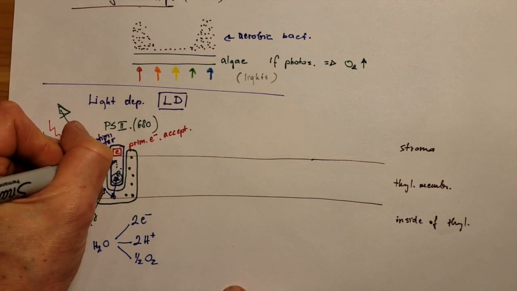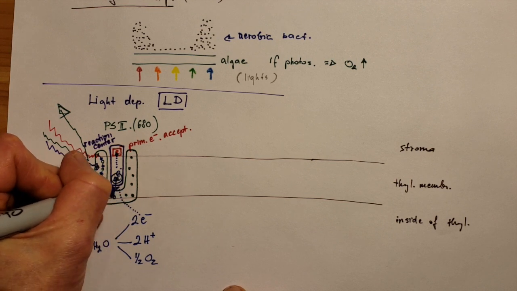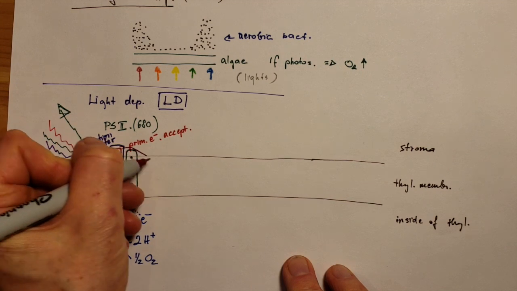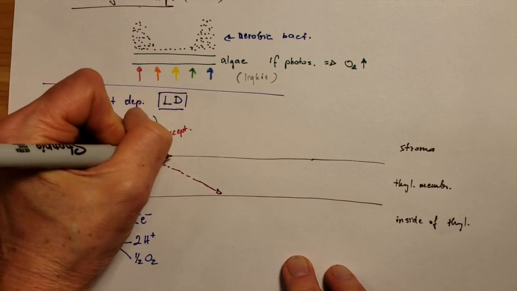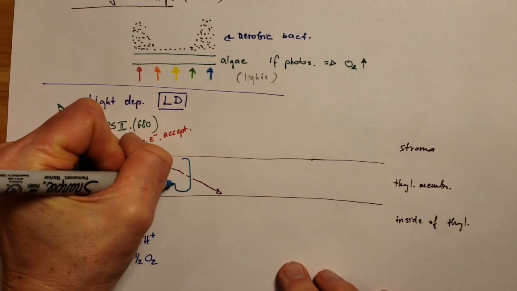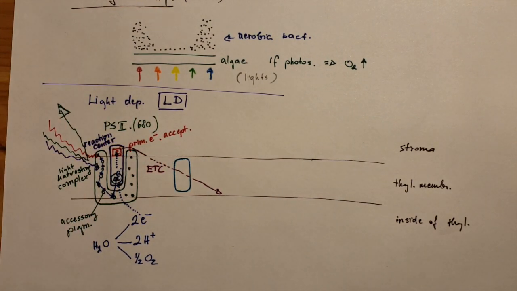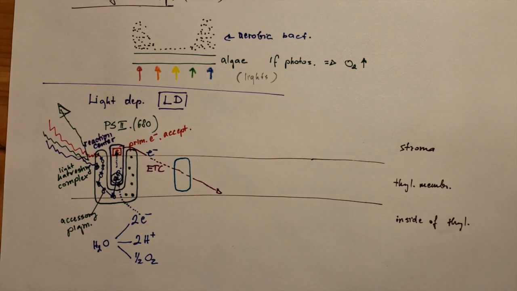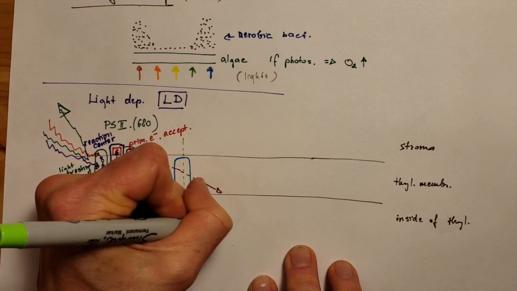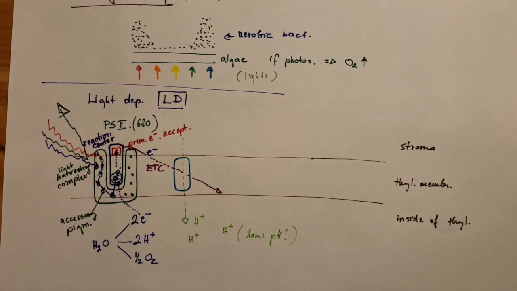As the electron of the chlorophyll A gets excited and is caught by the primary electron acceptor, the water's electrons are going to replace that lost electron of the chlorophyll A. The electron will be passed on the electron transport chain, and the energy of the electron along the chain is going to be used to build up a proton gradient, moving protons from the stroma into the inside of the thylakoid.